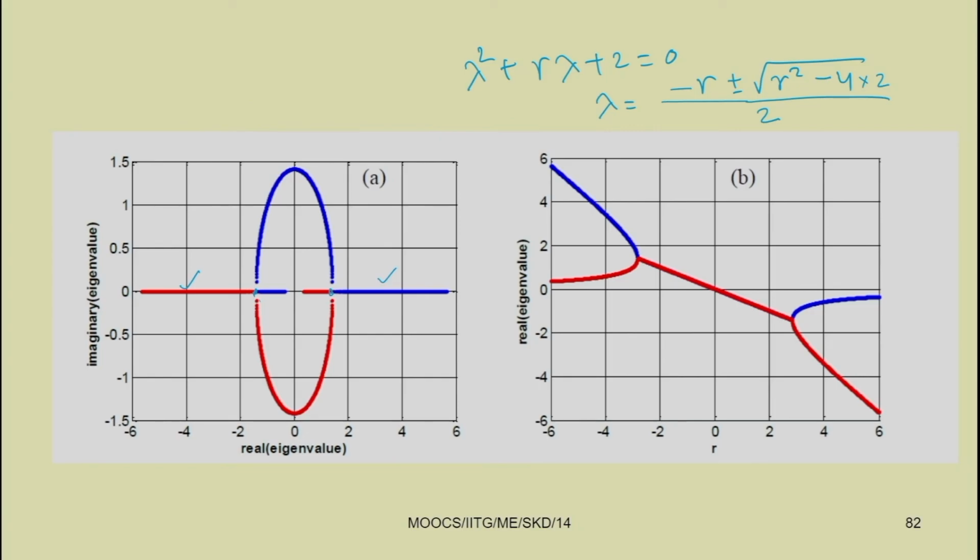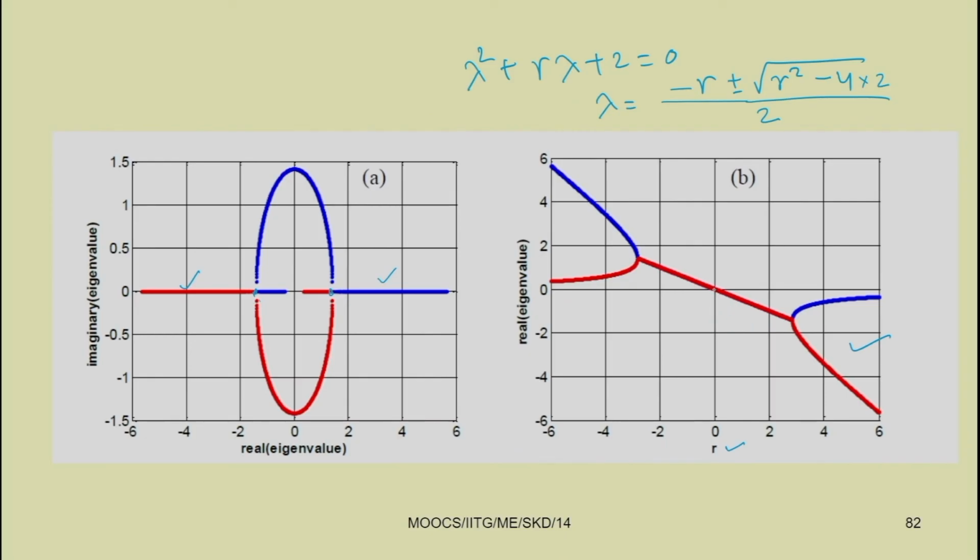If you plot only the real part of the eigenvalue for different values of r, this is r equal to 0. For r greater than 0, the real part of the eigenvalue is negative, but for r less than 0, the real part is positive.